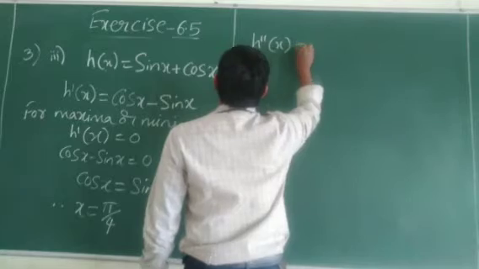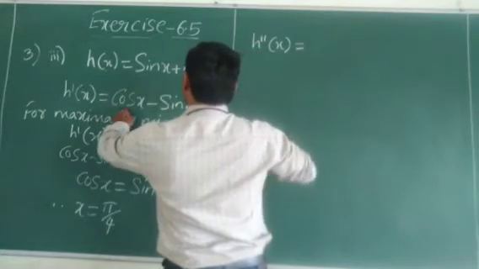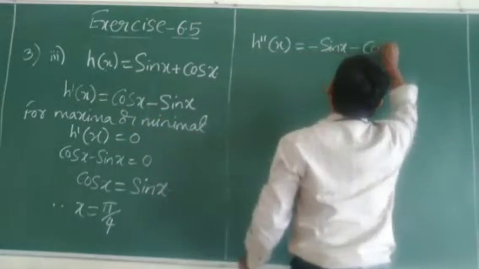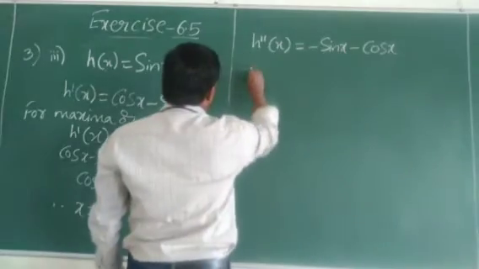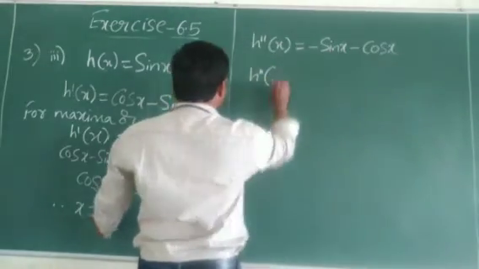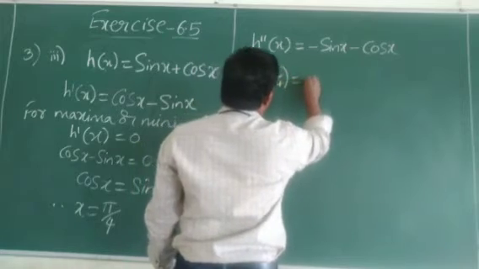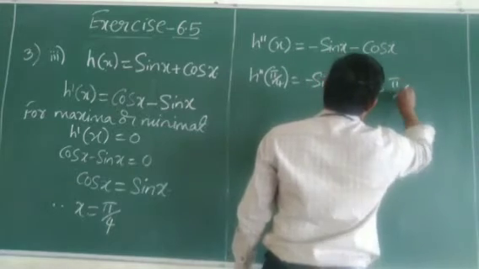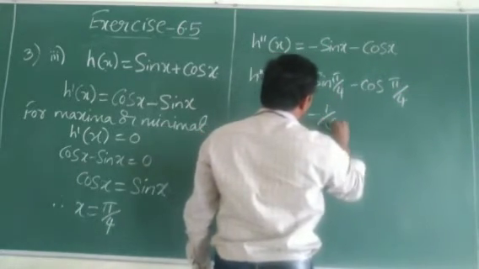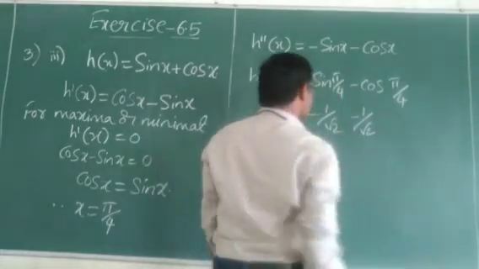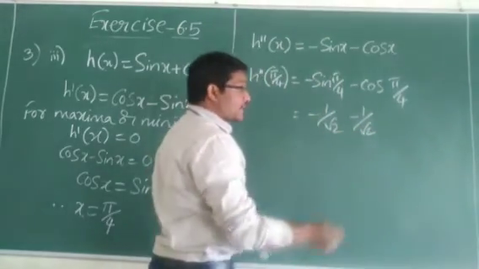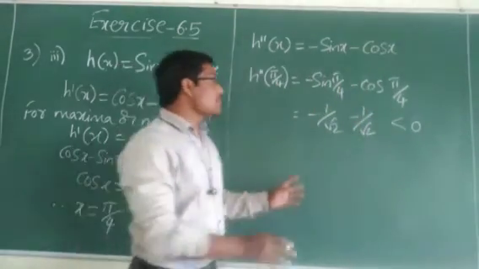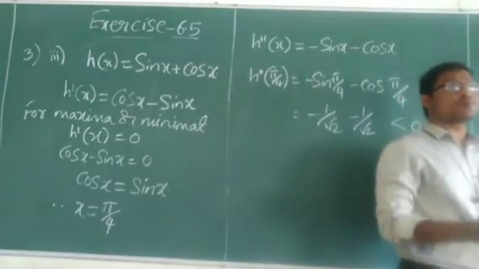Second derivative is equal to: the derivative of cos x is minus sin x, and so on. We can simplify, you get minus 2 by root 2, which is equal to minus root 2.